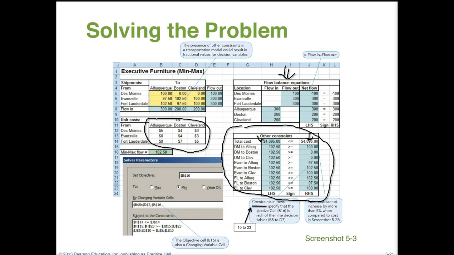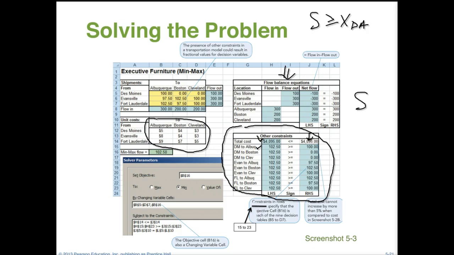So that's where the extra constraint comes in there. We also are making sure that whatever amount that we have going from all these locations here is going to be less than or equal to whatever that value S is. Okay, or put another way, S is greater than or equal to whatever that value is. Okay?